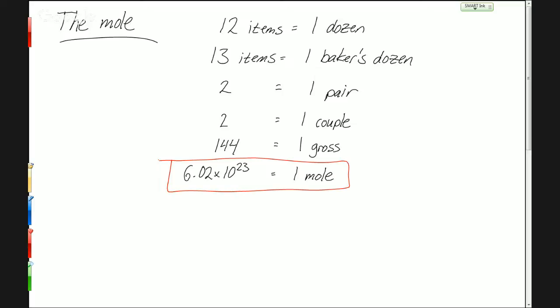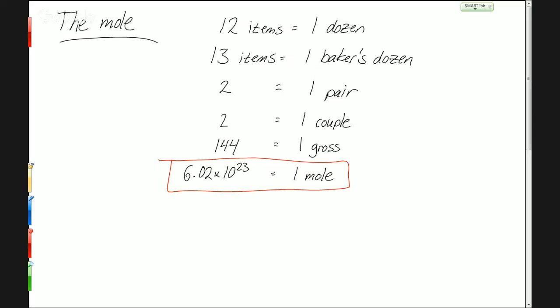This number is ridiculous when we talk about anything in our normal realm, like donuts or pennies or even grains of sand. It would be an unimaginable amount because it's so big. But if you're talking about something almost unimaginably small, then that many of those things brings it into our realm. So the mole is how we convert from the atomic realm, the realm of atoms and molecules and chemicals, to what we can deal with.